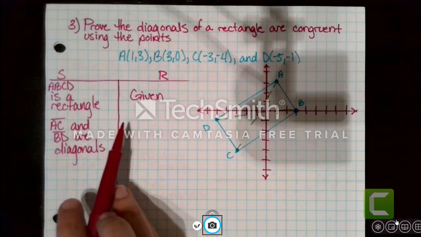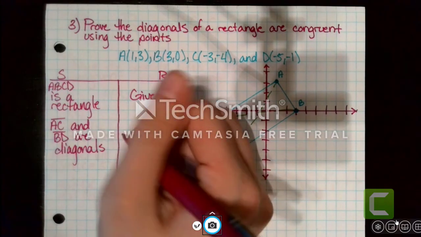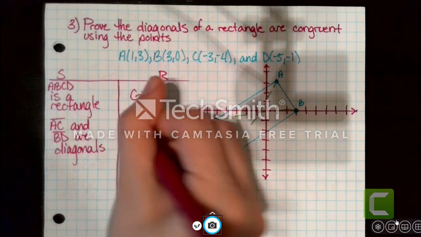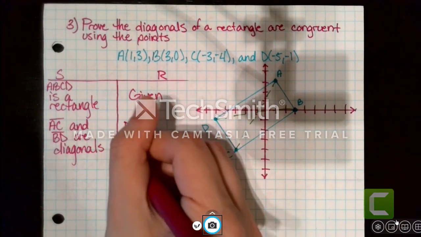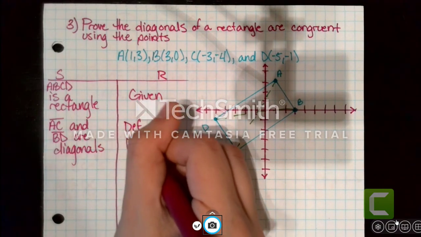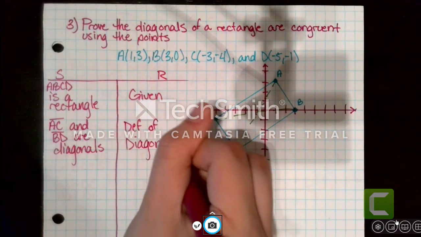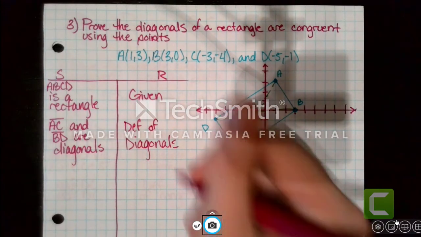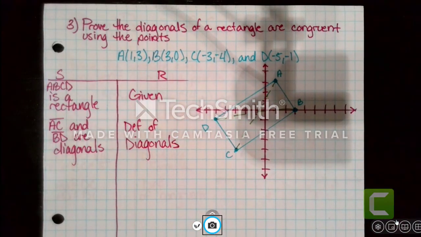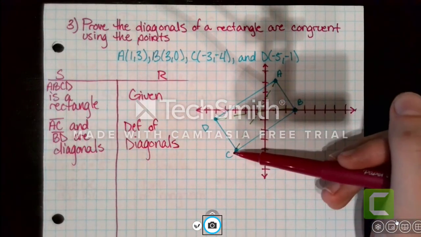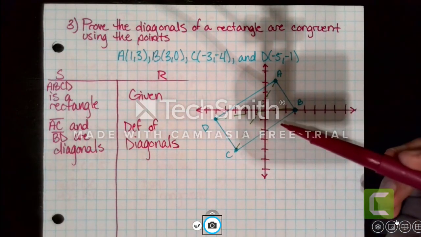So your reason for AC and BD being diagonals is the definition of diagonals. So in this case, we're looking to prove that AC is congruent to BD.